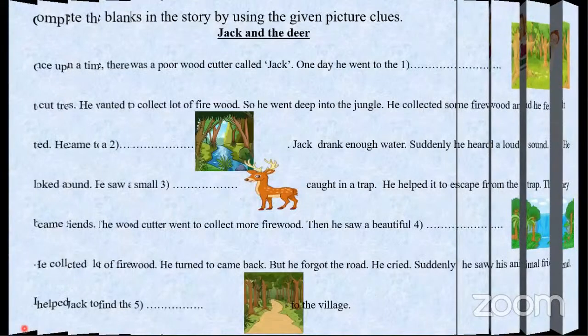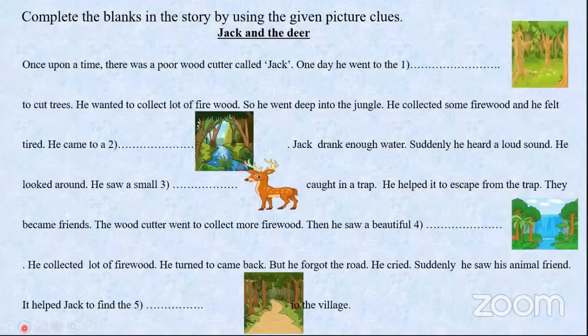Here also you have to use the pictures, picture clues. Complete the blanks of this story by using the picture clues, right?